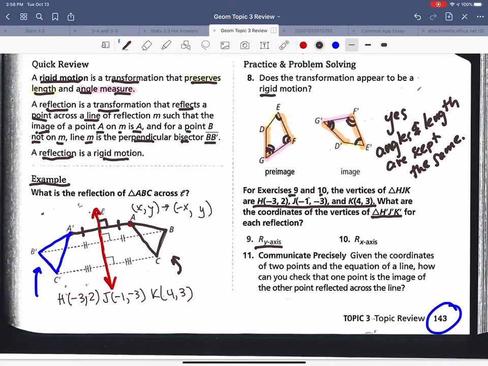Okay, so we can do that here. Our y needs to stay the same, so I can just copy down my y. But my x has to change sign. So this -3 would turn to a +3. A -1 would turn to a +1, and a +4 would turn to a -4. So there's my answer.